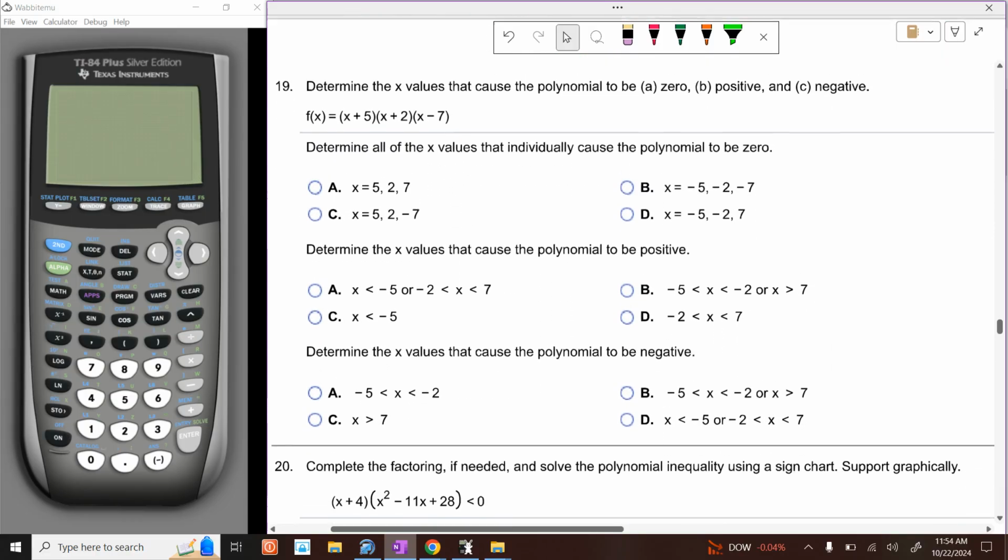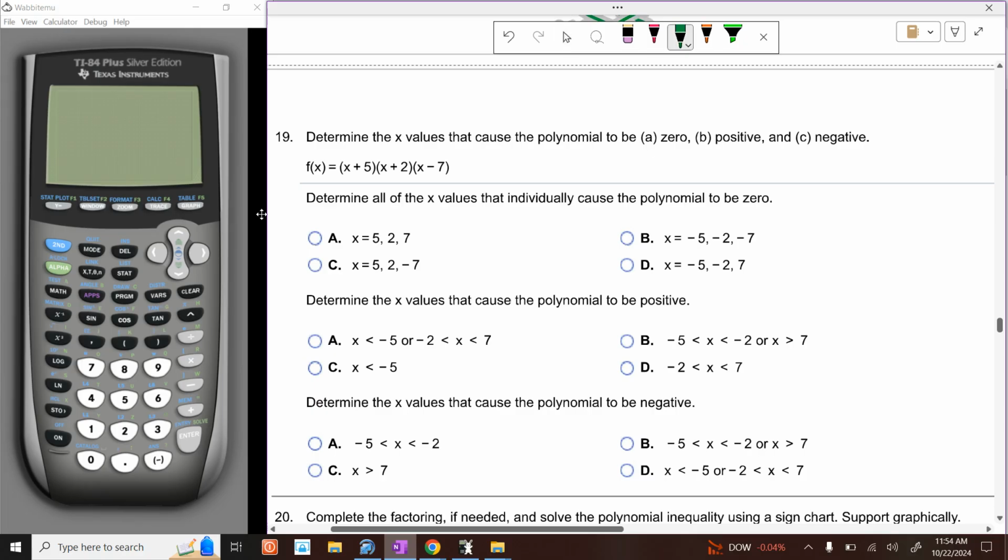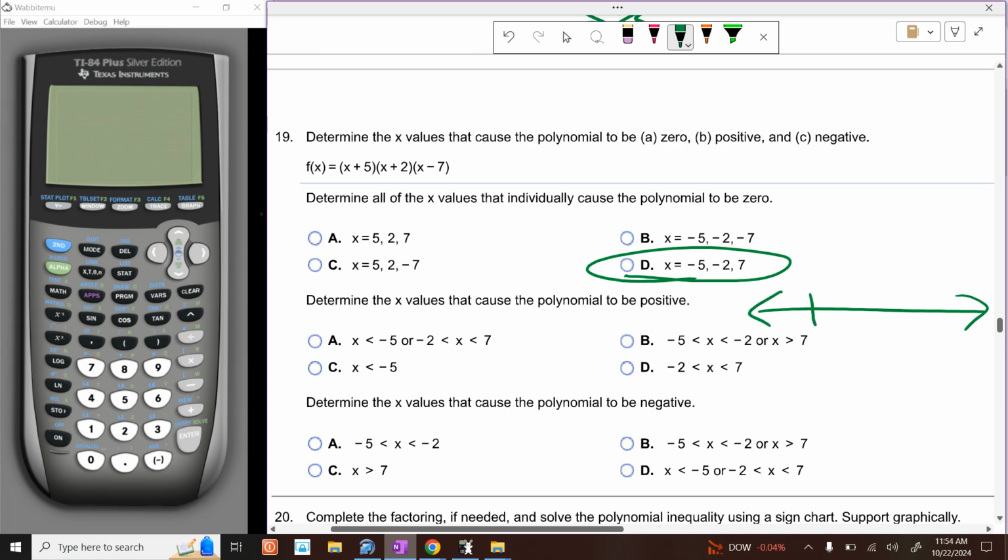And then what we hit at the end. The roots of this are -5, -2, and a +7. So on the number line, we go a -5, a -2, +7. Then we're going to test like 0 in here. Test at 0. So if we put 0 into the function, it makes this positive, and this negative.